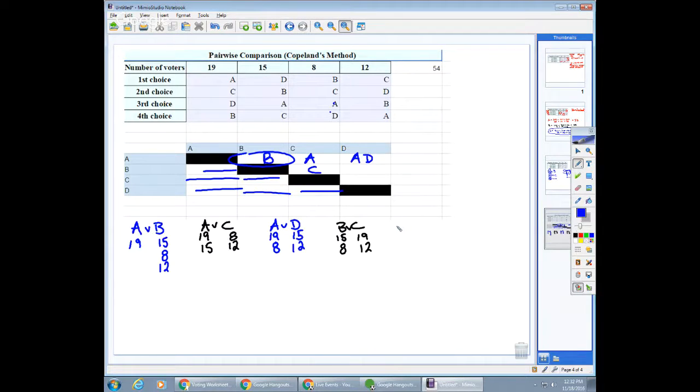So now we have B versus D. D wins, so BD. Let's see. D is 19. D is 15. 8. And yeah, D kicked butt on that one.